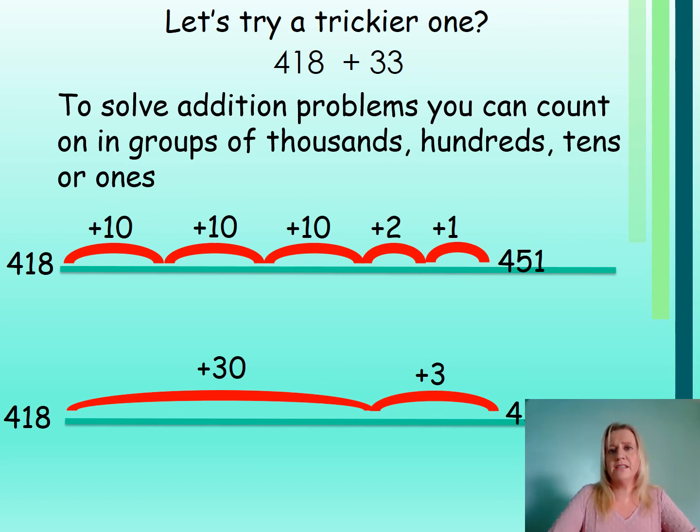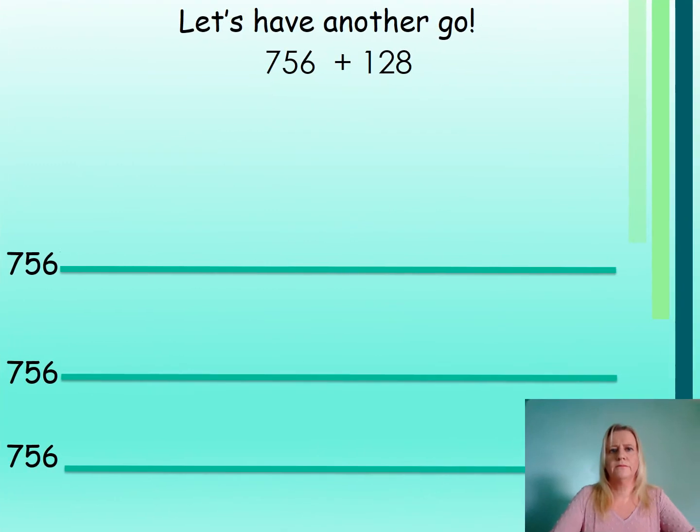Would it have been better this time to start with 33 and add on the 418? You would have reached the same answer, but I don't think it would have been very efficient. Let's have another go. Draw your empty number line, pause the video and come back when you've got your answer.